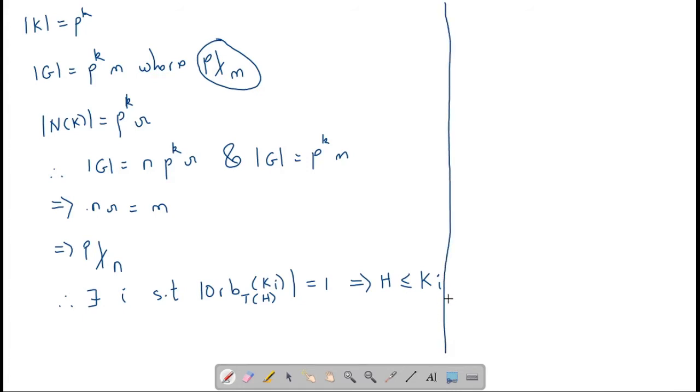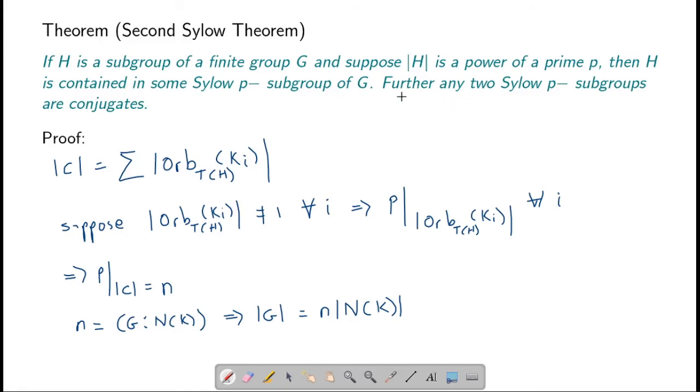The next thing which is left to prove is that any two Sylow p subgroups are conjugates.